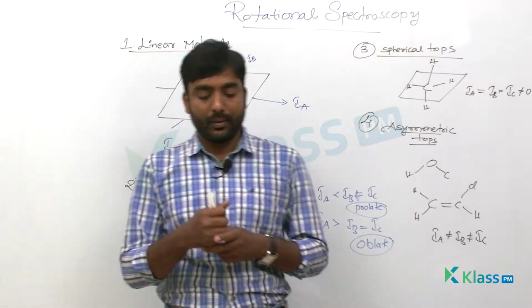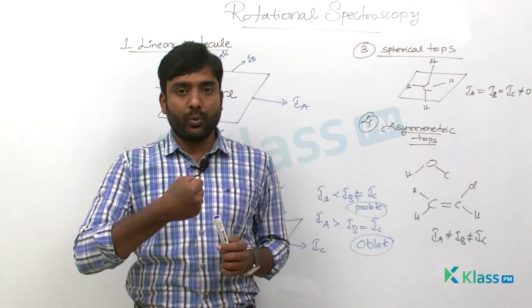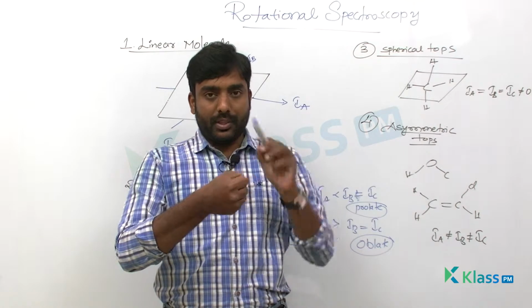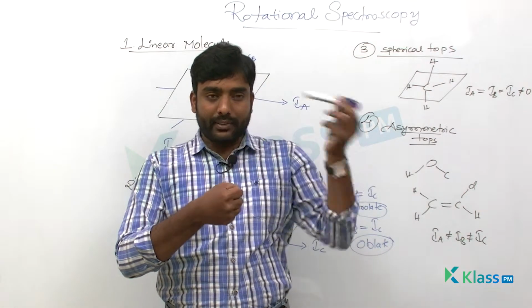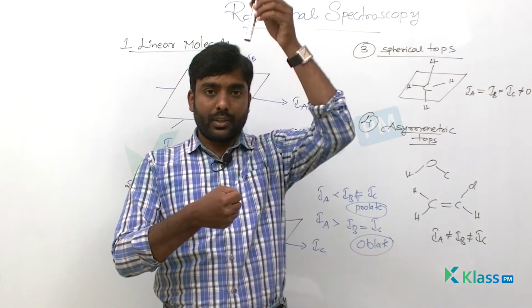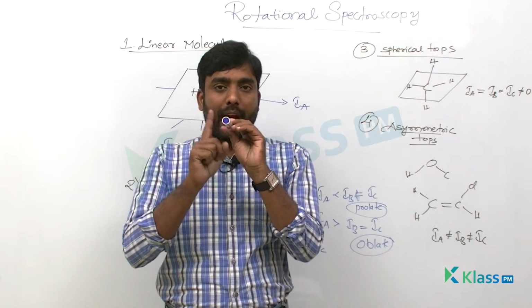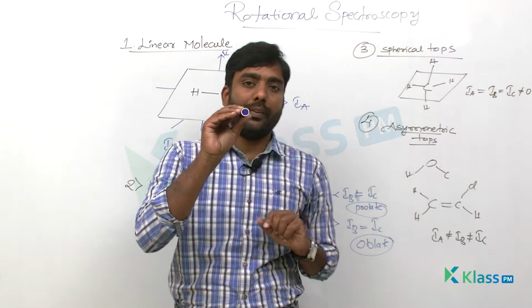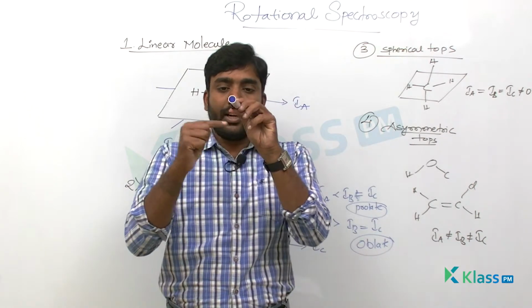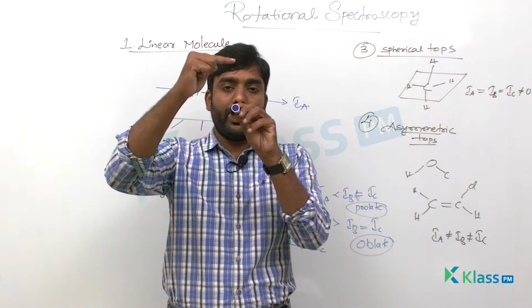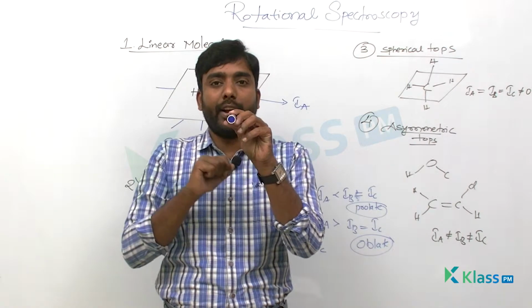Next, IC. See, IC is going this way. First one is this way, second one this way, and the third one this way. Now my axis goes through the center of gravity. Here below carbon is there, above fluorine is there, and below the plane three hydrogens are there.